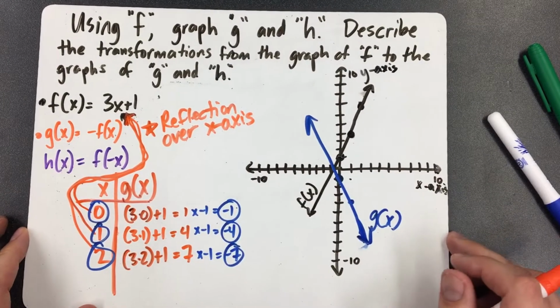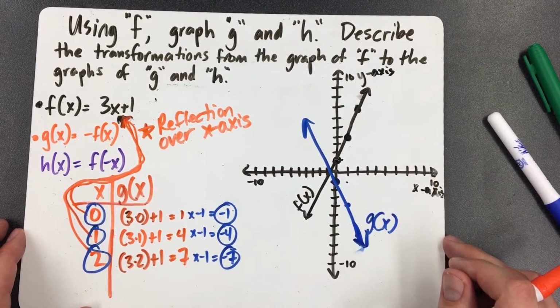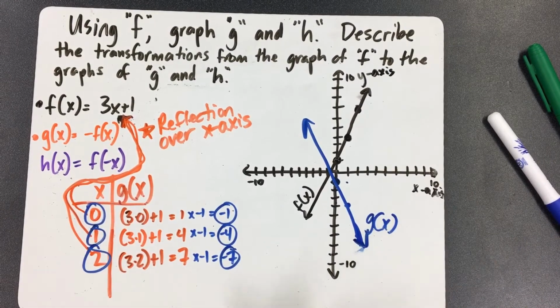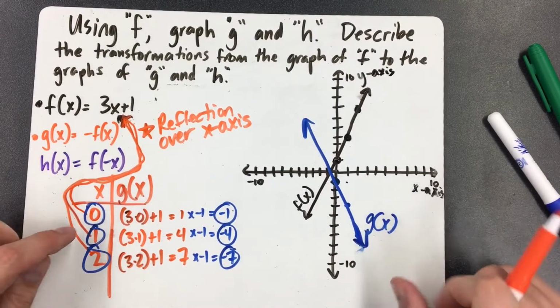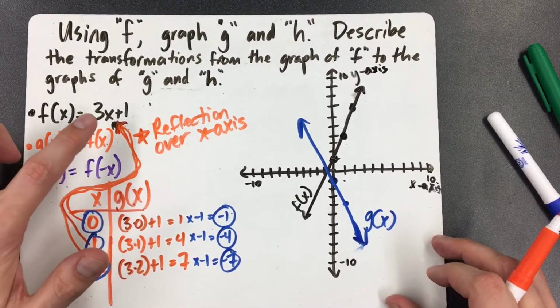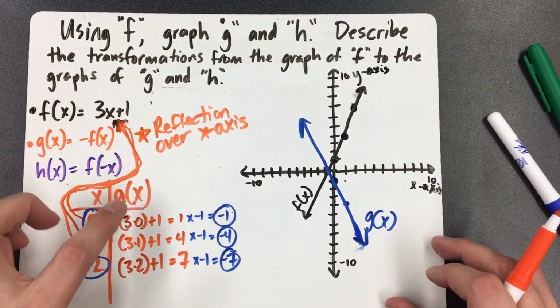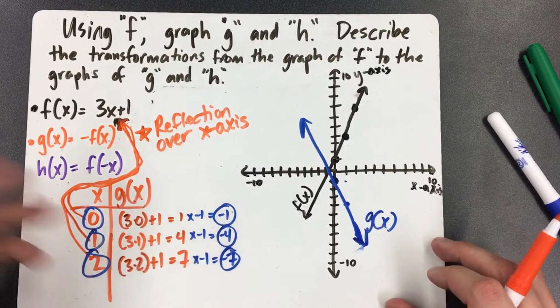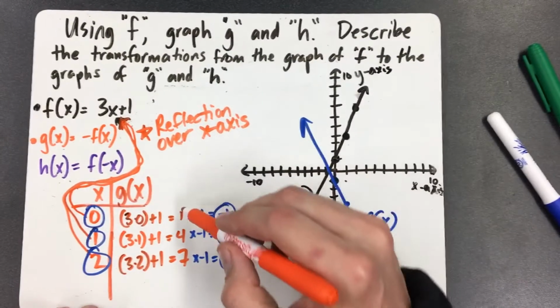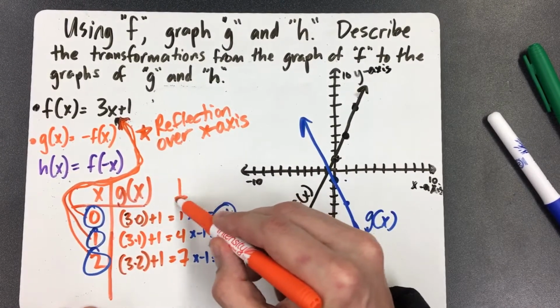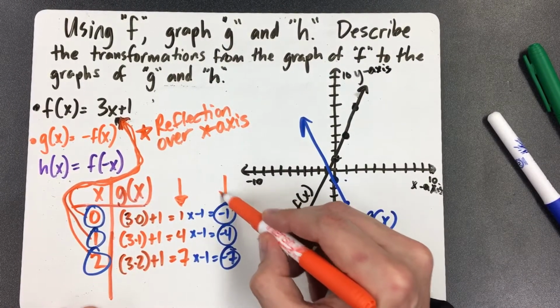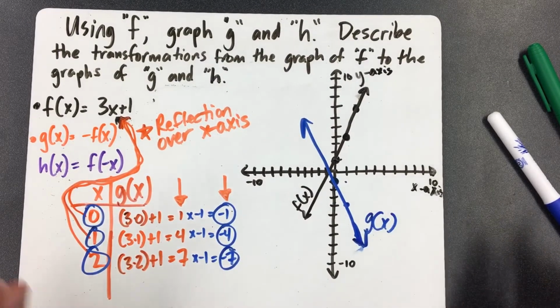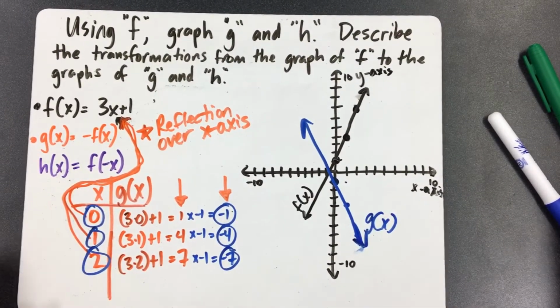Or you could say on the x-axis or about the x-axis, but I like to use the word over. Okay. So what did we do there? We picked 3 easy numbers, plugged it into the original problem, and then whatever answer we got, we just flipped it to the opposite sign. You change your output, right? We change these numbers right here, 1, 4, and 7, to the opposite. We change the output whenever you want to flip it over the x-axis.